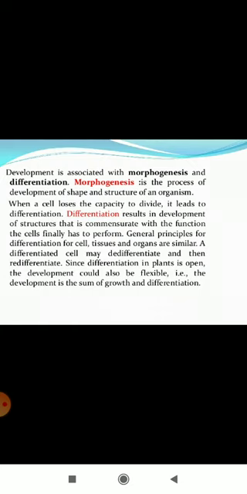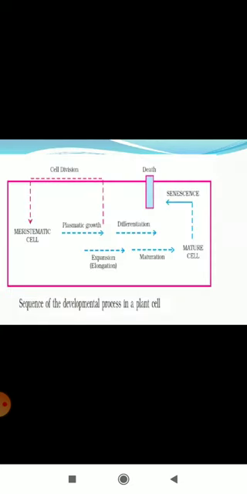That is, the development is the sum of growth and differentiation. So here is the sequence of development process in a cell. This image is very much important. So what happens, there is a meristematic cell, it shows plasmatic growth. That means this meristematic cell divides and again they become meristematic cells. Now the meristematic cells when they divide, they undergo differentiation and they undergo elongation, maturation, they mature and attain a particular function.